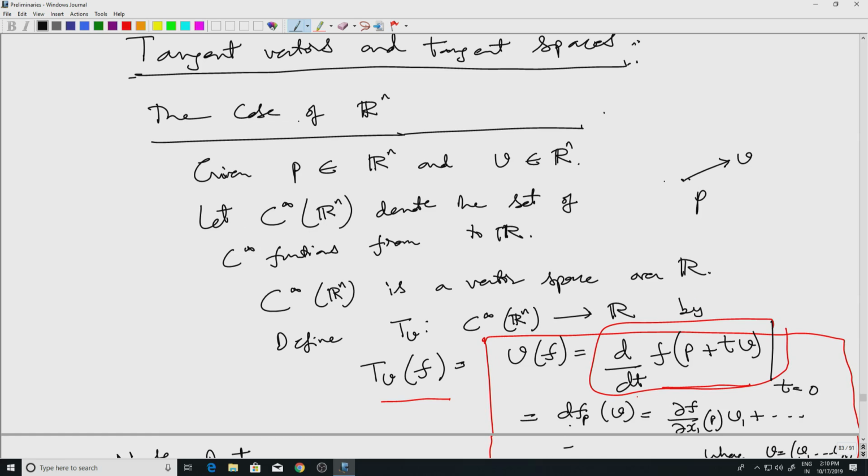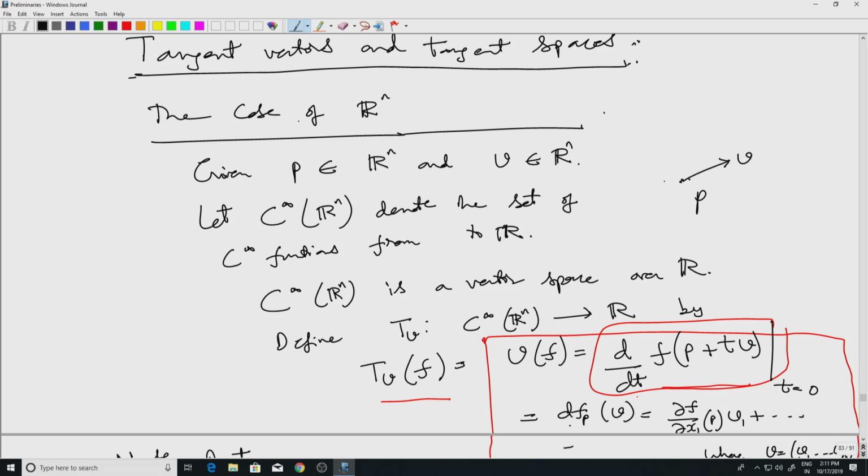On the other hand, Rn is also a vector space, and from that point of view, an element in Rn would be a vector. So in this setting, I have a point P and a vector V, where V is what we would call a tangent vector at P.